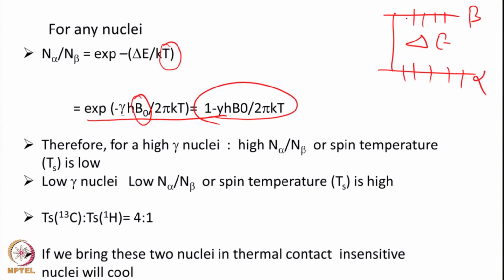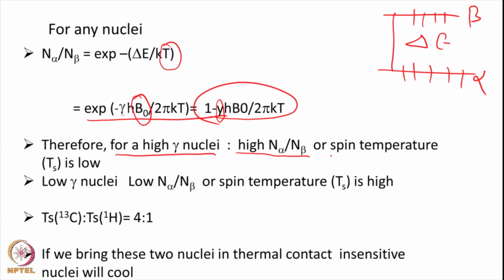That is why proton is more sensitive and carbon 13, nitrogen 15 are less sensitive, because of gamma, and gamma for proton is high compared to carbon 13 and nitrogen 15. A high gamma nucleus such as proton has a high N alpha divided by N beta ratio, and therefore a low spin temperature.